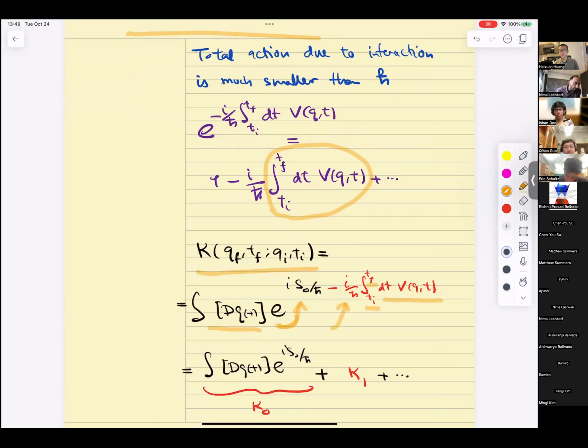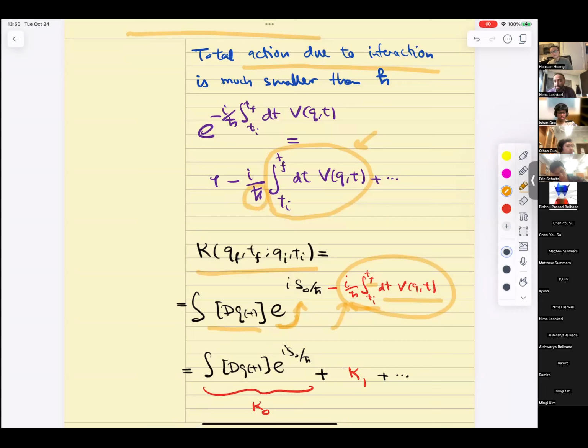Now, I'm going to assume this whole thing in the exponent is small. Recall exponents always have to be dimensionless. So when you say something is small, you are talking in terms of dimensionless parameters. It means that the total amount of action due to interaction, which is this term, the integral of V(q,t) from ti to tf, has to be much smaller than h bar.